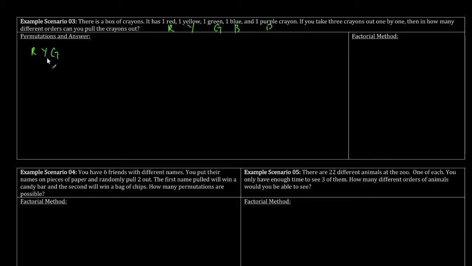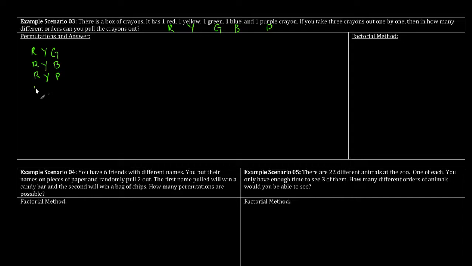So red, yellow, green. We can also have red, yellow, blue. We can also have red, yellow, purple. Keep in mind, this is only with red first and yellow second.